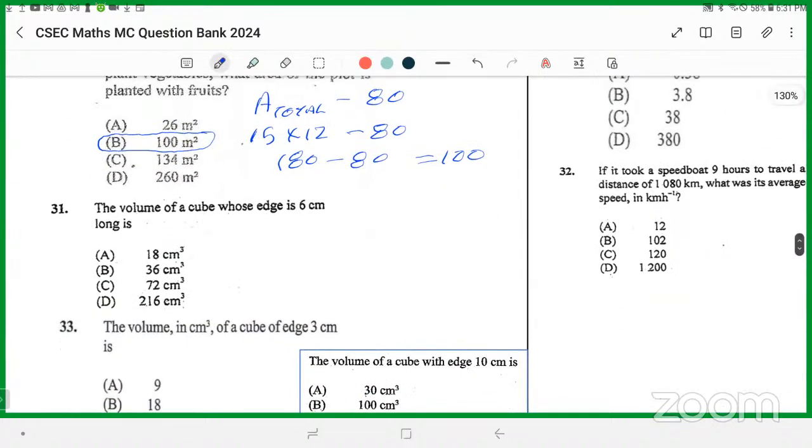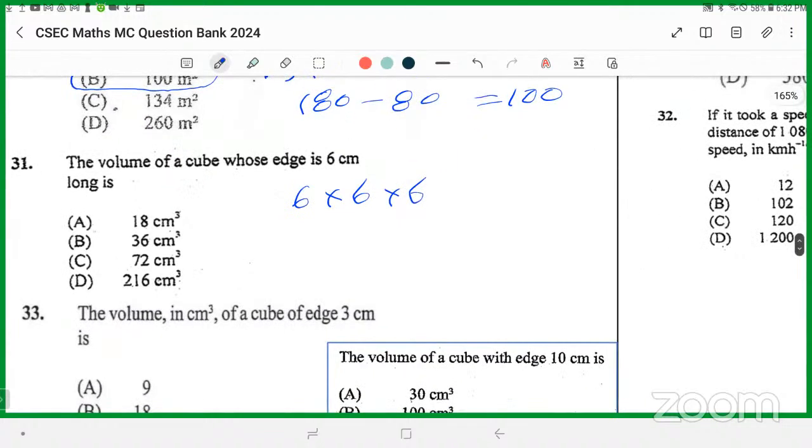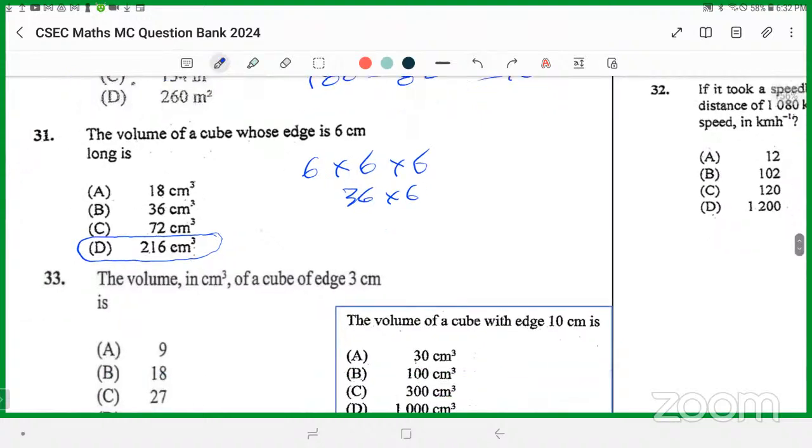The volume of a cube of edge 6 centimeters is 6 times 6 times 6. 216 is the answer. This becomes 36 times 6. All right? 6 times 6 times 6, that's the volume.